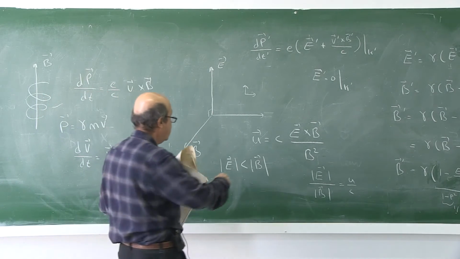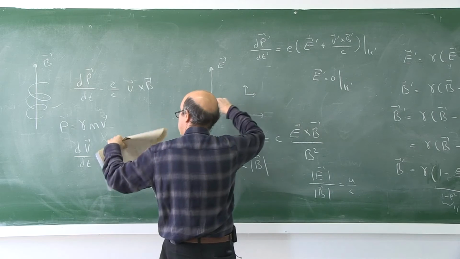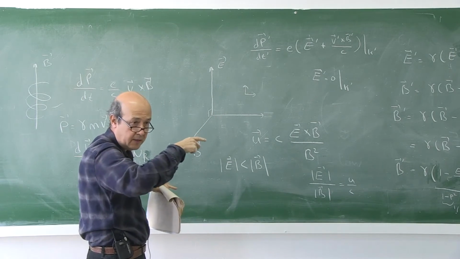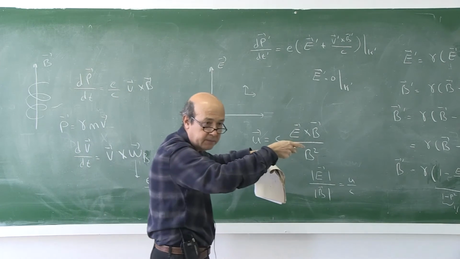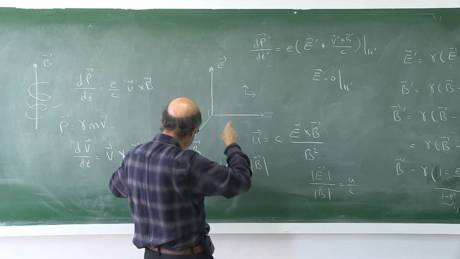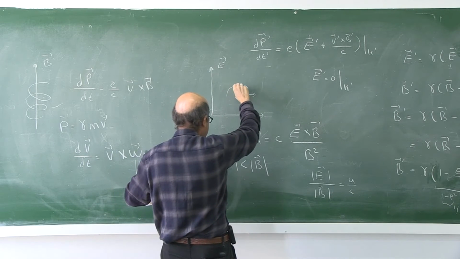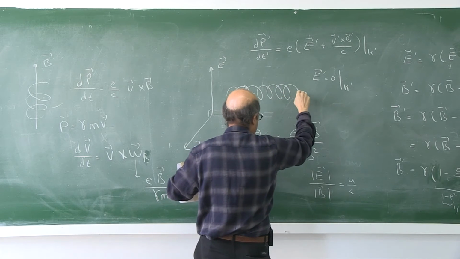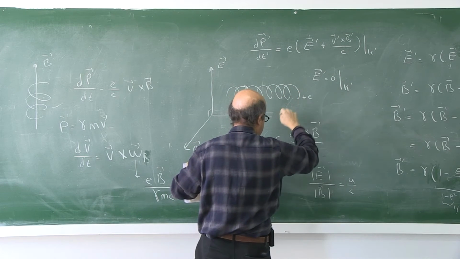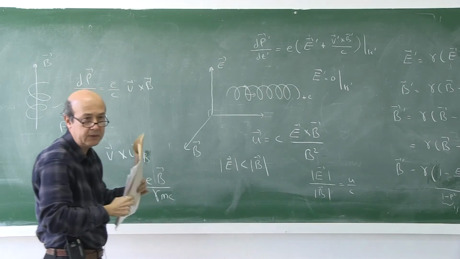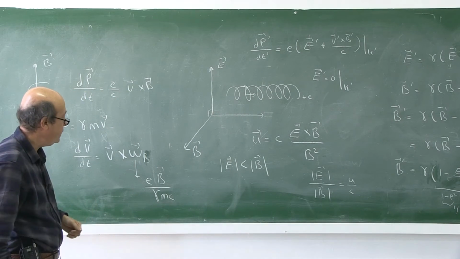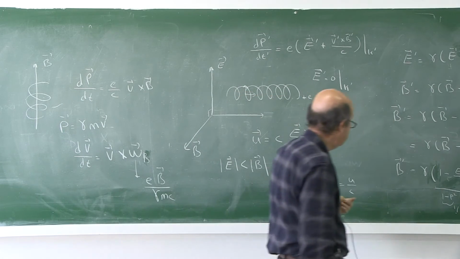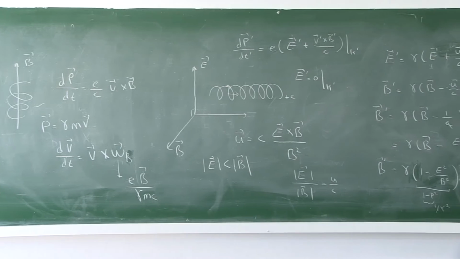In the new frame, the charged particle will try to gyrate, but at the same time it will drift. I think this is the positive charged particle, the other one is the negative. You can work on this. This is called the E cross B drift, and this is a very simple application of the Lorentz force.